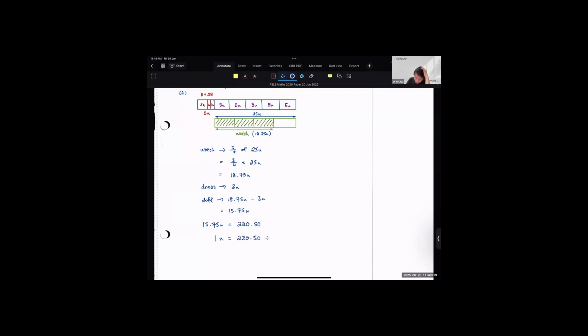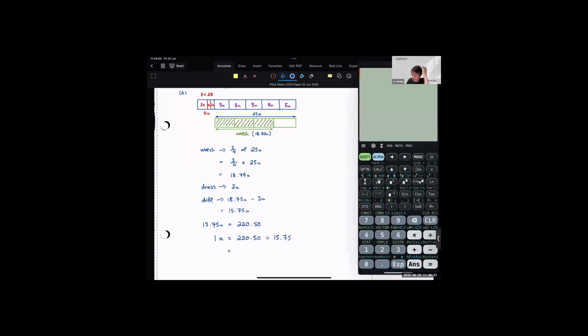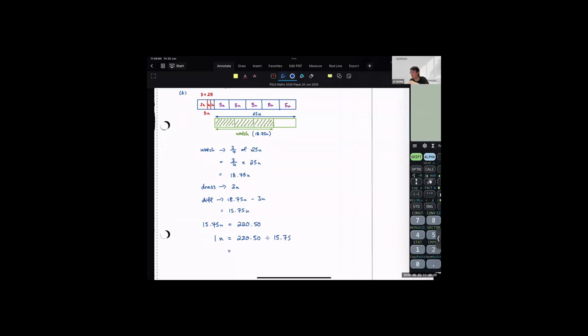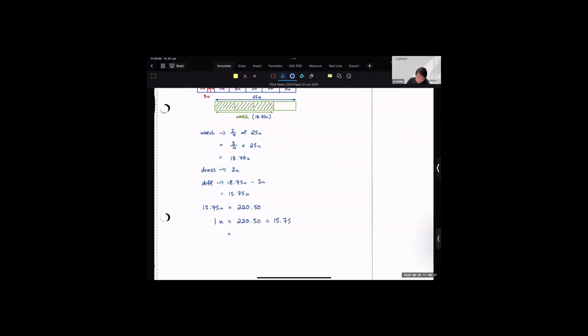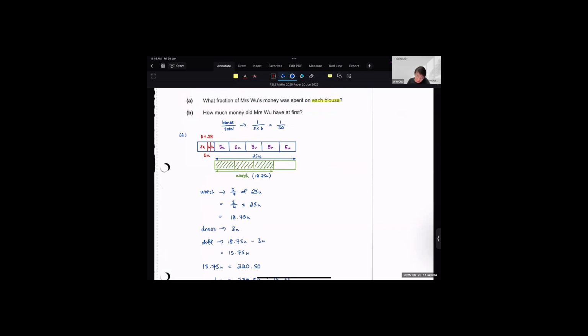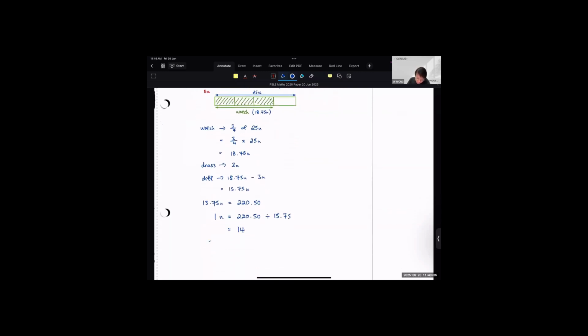The fact that it's a decimal unit does not matter when it's a paper 2 question because it's calculator only. So you will find that this will give you 14. And they ask you what is the total amount of money she had at first. We know that at first she had 30 units. That is already found in part A. So 14 times 30 to give me $420.